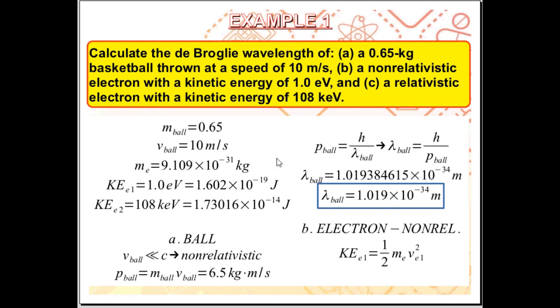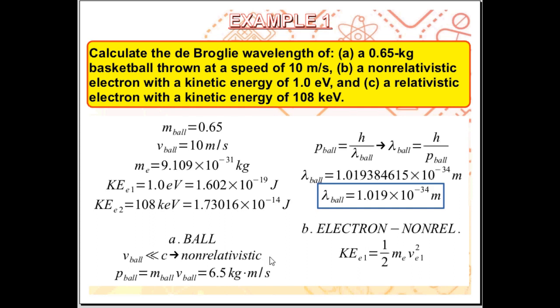So this problem is divided into three parts, A, B, and C. So let's have part A first. The de Broglie wavelength of a 0.65 kilogram basketball thrown at a speed of 10 meters per second. When we say non-relativistic, when you compare the speed to the speed of light, the speed of the object is very much smaller.